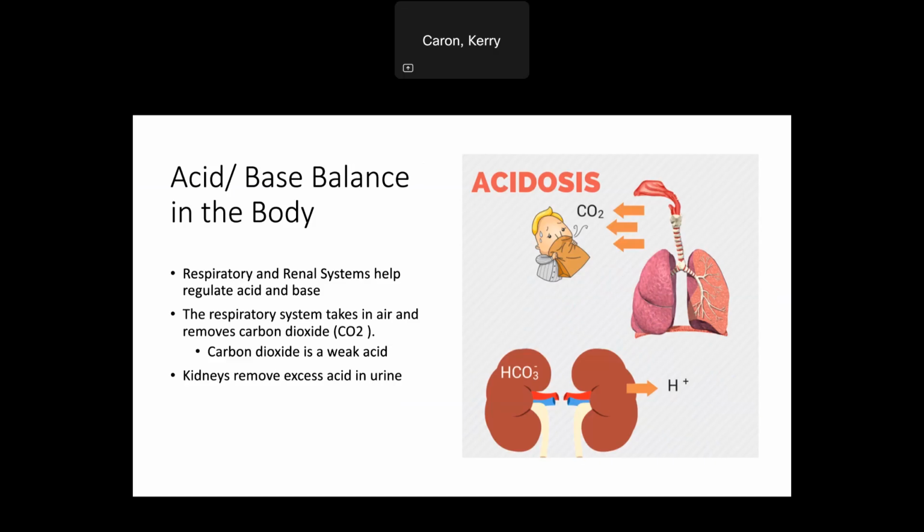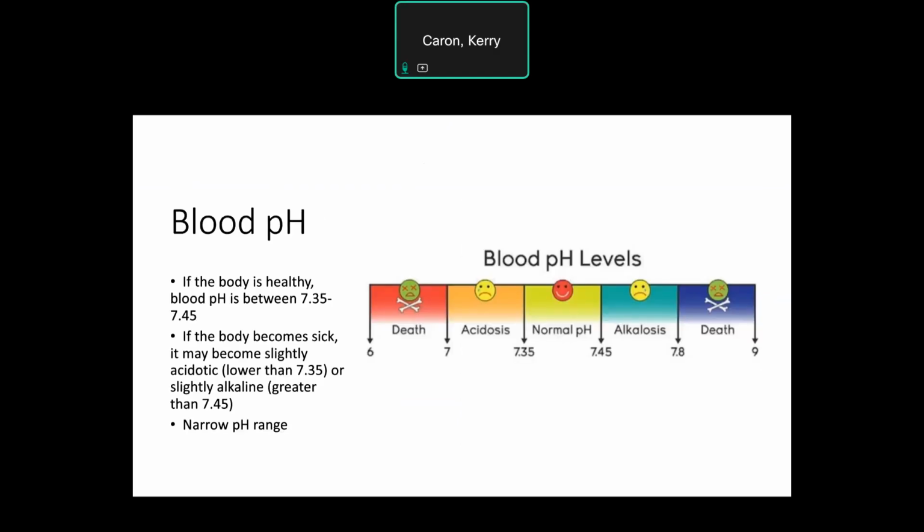So kidneys also do the same thing. They remove excess acid in the urine and secrete bicarbonate, which is a buffer, which brings things back to homeostasis. Okay. So I mentioned this, the body's normal pH is 7.35 to 7.45.